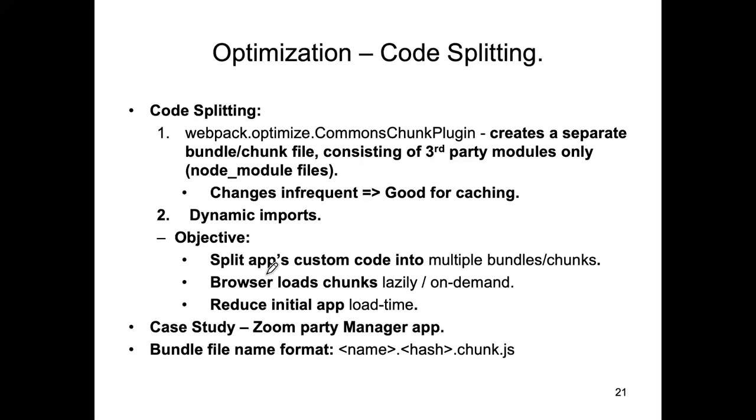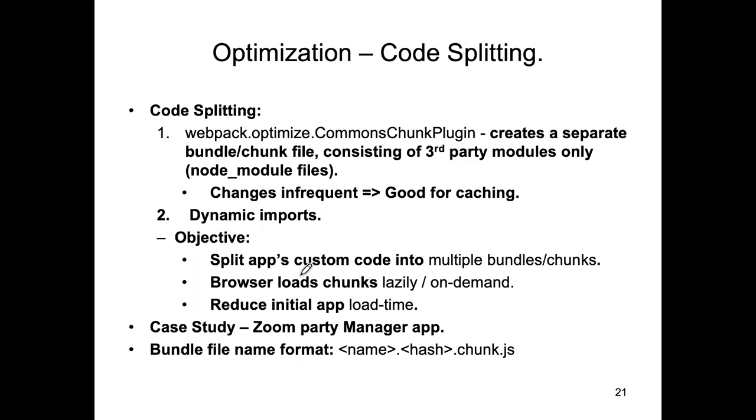And why do we want to do that? Well, we want the browser to only load the chunks that it actually needs in order to render a particular page. The first page that the browser will render is our home page. So the bundle that it gets from the hosting server should only need to contain the components that make up the home page.